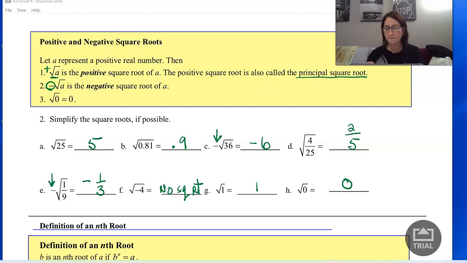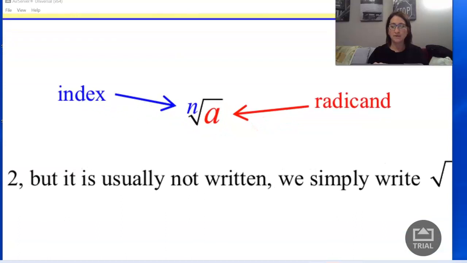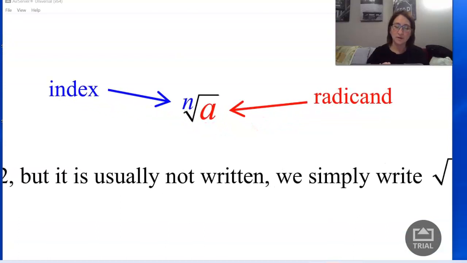Okay, you're with me. So now let's up it a level and talk about the definition of an nth root. That means instead of just talking about a square root, we could talk about any root. So we have to understand what the terminology is. If I blow up this radical, the symbol right there is called our radical.